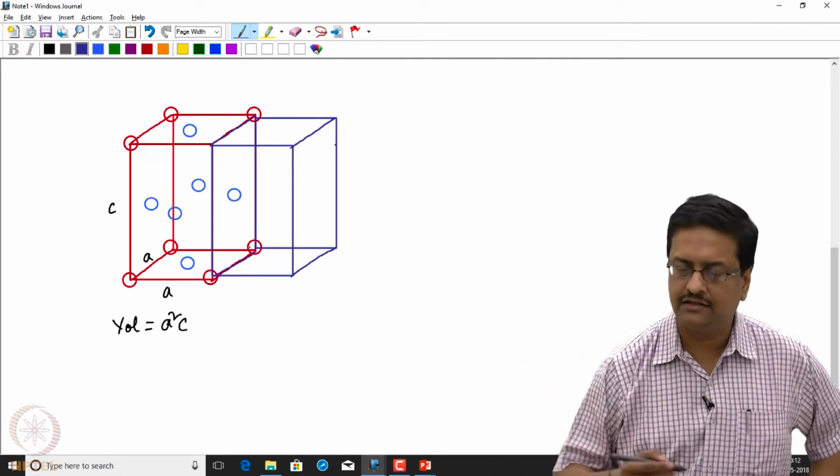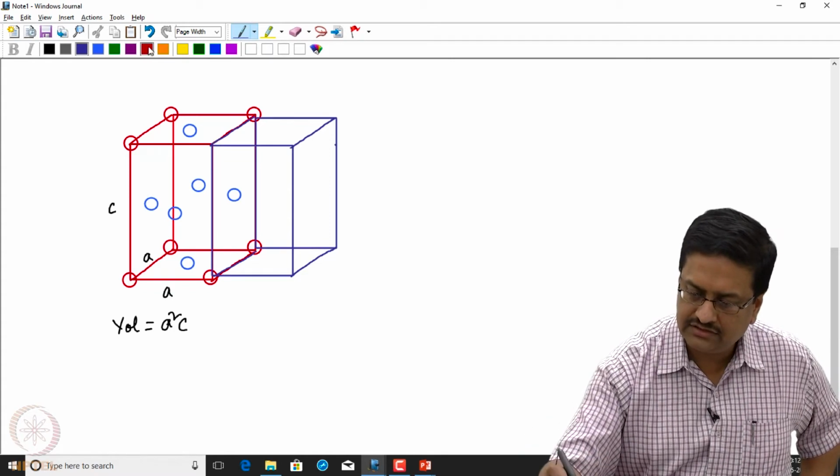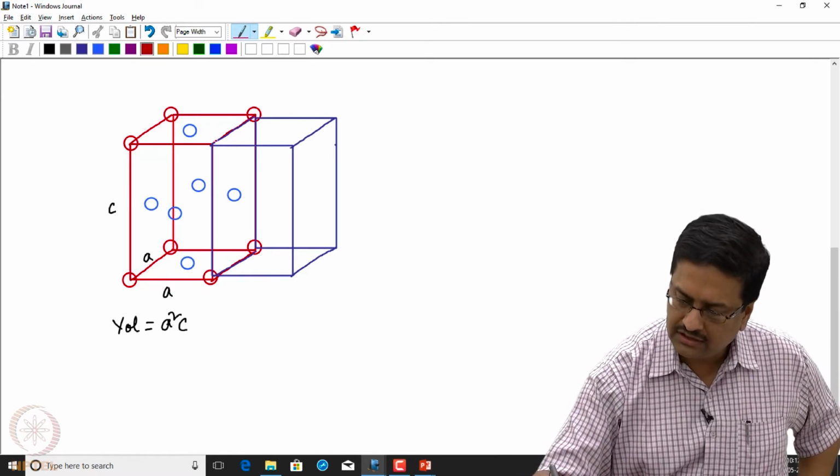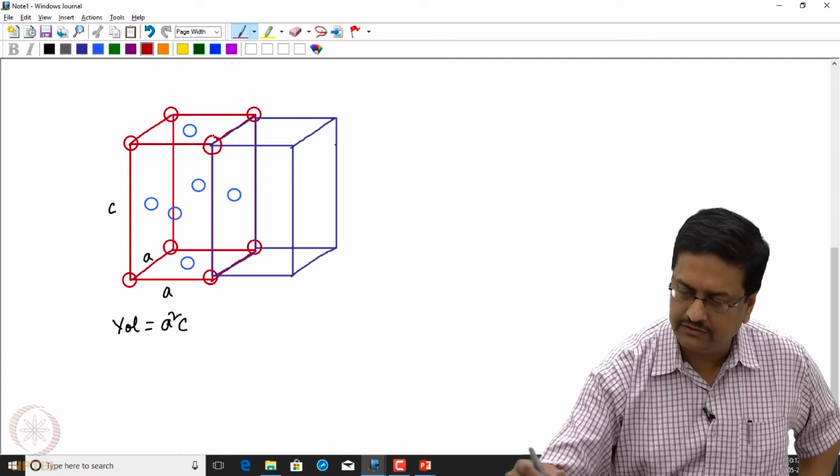This is the adjacent tetragonal lattice and I will once again draw the corner atoms in red.